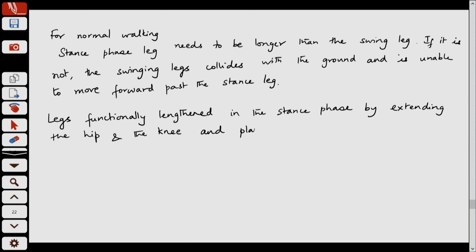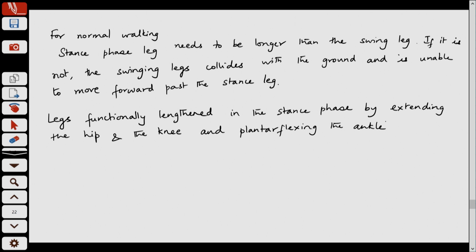Plantar flexing of the ankle. So, 3 mechanisms at the hip, knee and ankle ensure that the stance leg is lengthened to give enough space for the swing leg to pass.